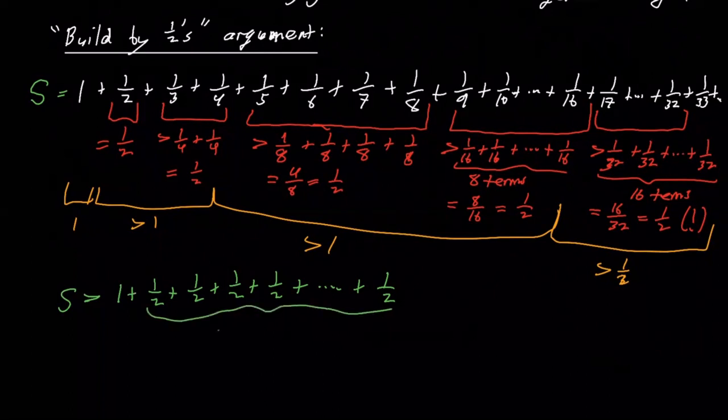So let's say that's n times, or sorry, k times. Just want to use a different letter. Actually, I've even used k already. So let's use m times. And so this is 1 plus m over 2. But we can do this for any number m we want.